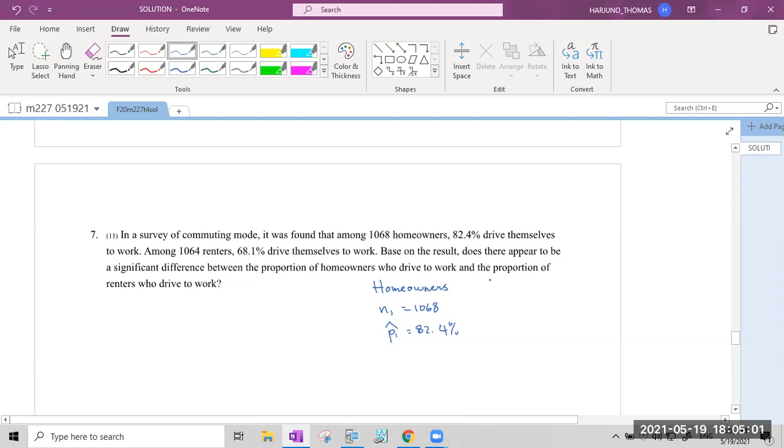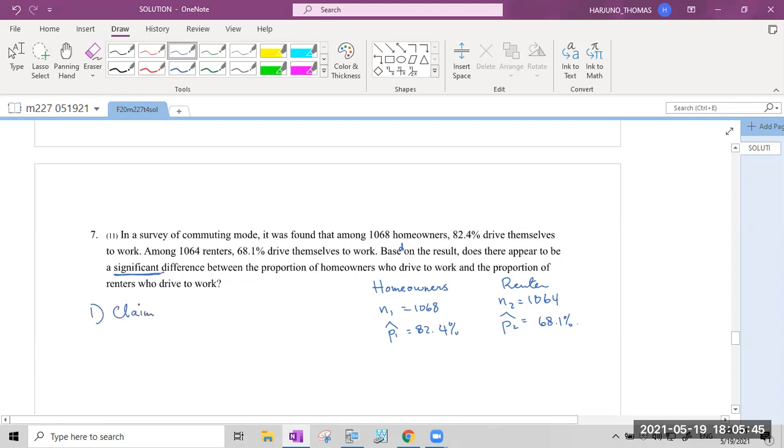While among 1,064 renters, the proportion that drive themselves to work is 68.1%. Now, based on the result, does there appear to be a significant difference, at 5%, between the proportion of homeowners who drive to work and the proportion of renters who drive to work? That's the claim.